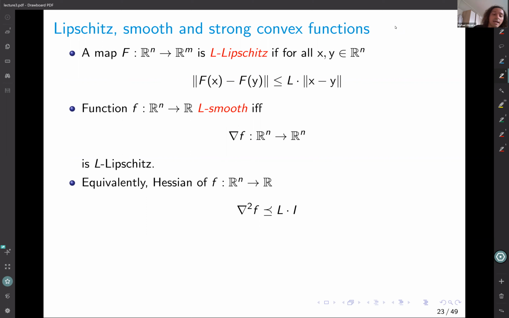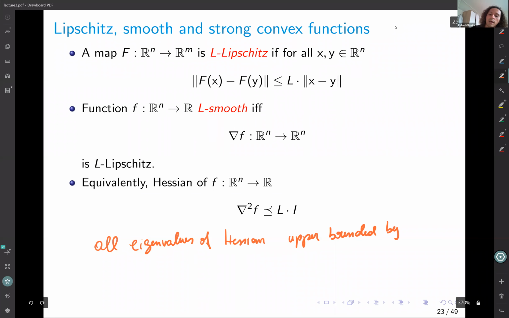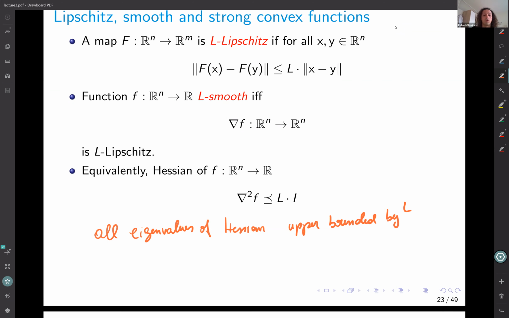So all eigenvalues of the Hessian, and we know they're all real because the Hessian is a symmetric matrix, are upper bounded by L.